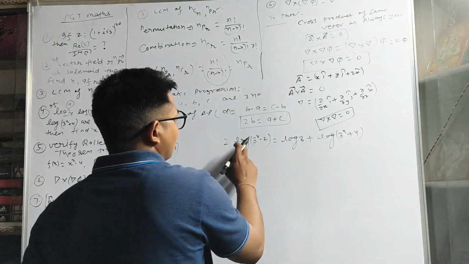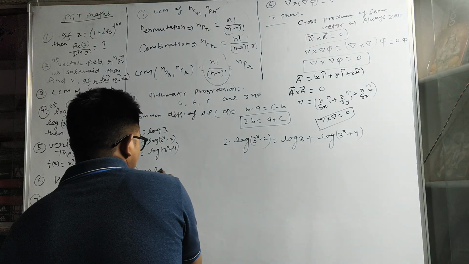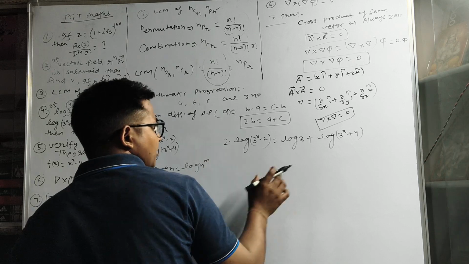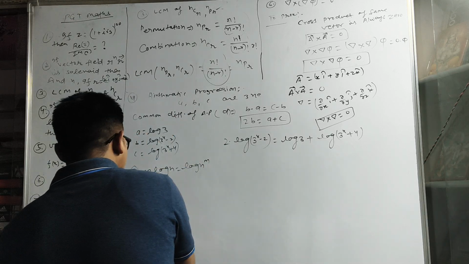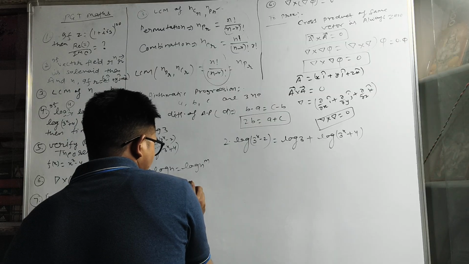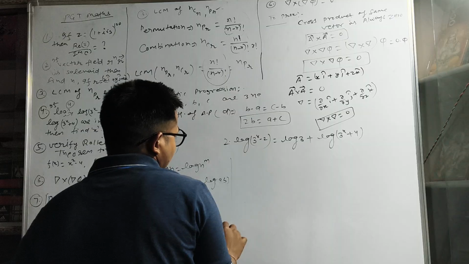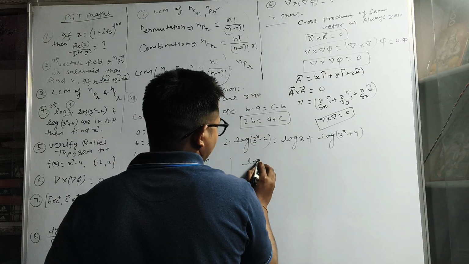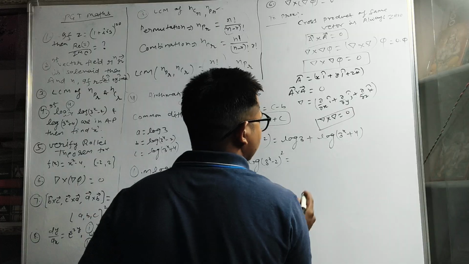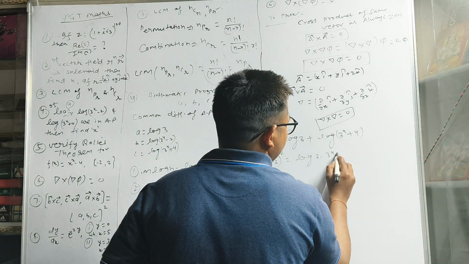So we know the property of log, that is m log n equal to what? Log n to the power m. And on the right side we apply the second property of logarithm, that means log a plus log b will equal log of a into b. So we can write here log of (3^x minus 2) whole to the power 2, and on the right side we can write log of 3 into 3^x plus 4.